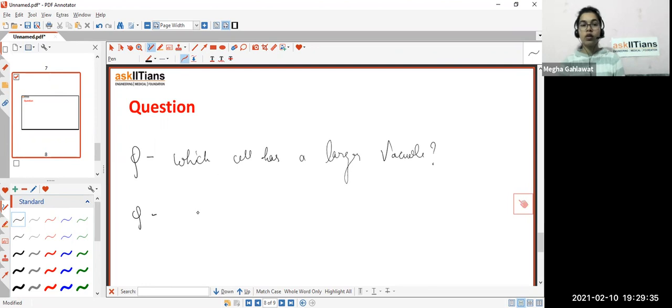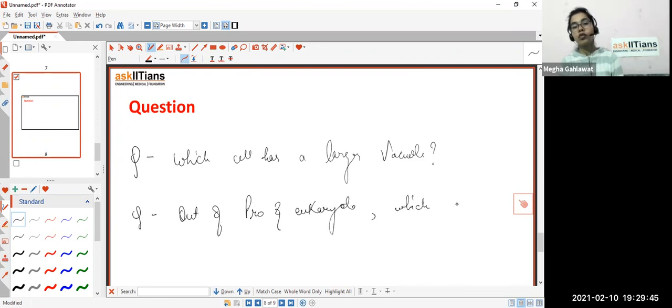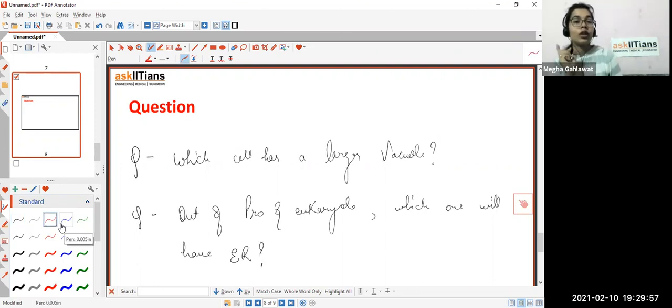And out of prokaryotes and eukaryotes, which one will have the endoplasmic reticulum? I know that you know the answer, so I'm giving you 5 seconds to answer both questions and then we're going to discuss these.